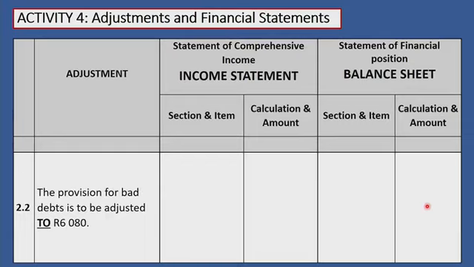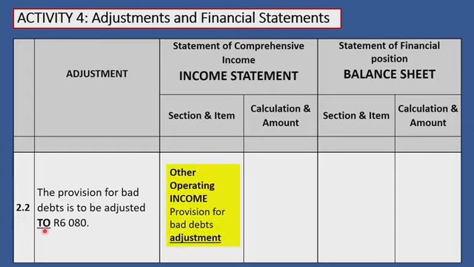When we look at the next adjustment, and I think I've also got a ledger of that for you, the provision for bad debts is to be adjusted to 6080. Always make sure you read what it says. They could have said adjusted by 6080. This is to. So you'll just have to end at 6080, and that is not the answer.